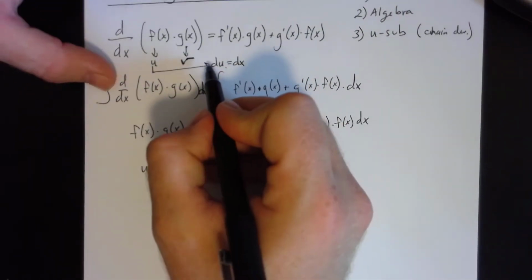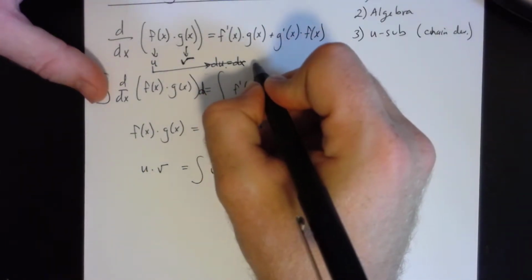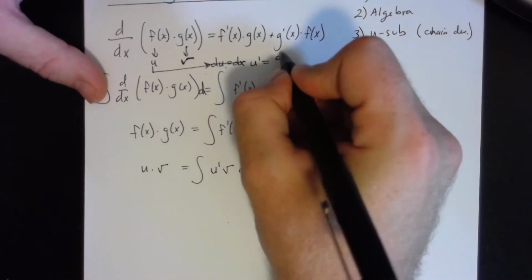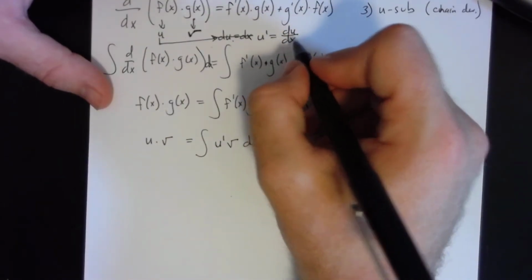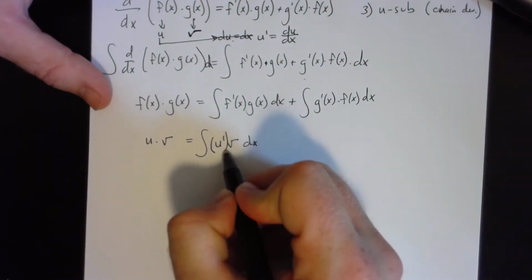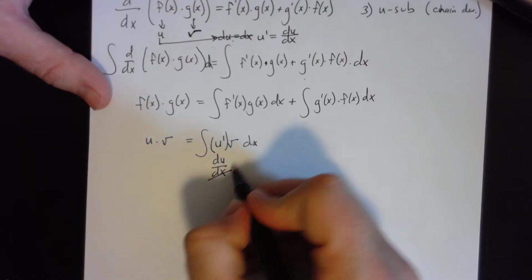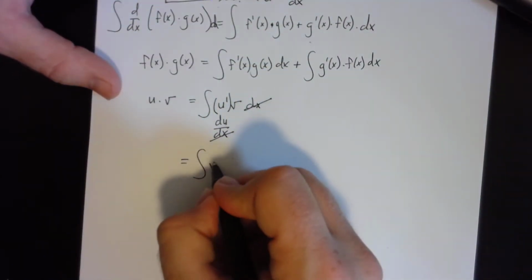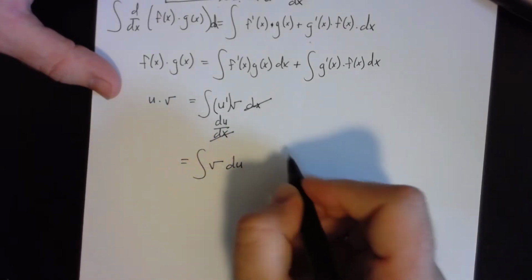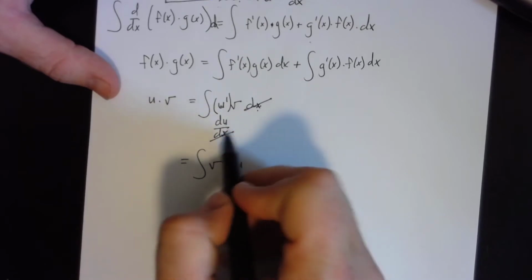Maybe it's better to view this not as du equals dx, but that u prime is the same thing as du over dx. In which case, I can replace this u prime with du over dx, and watch this dx cancel out with this dx, providing me with the integral of v with just a du left over, because this u prime is du/dx, and the dx's cancel out.